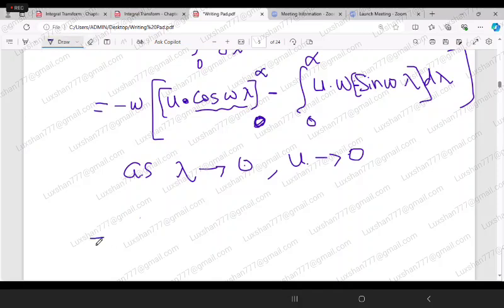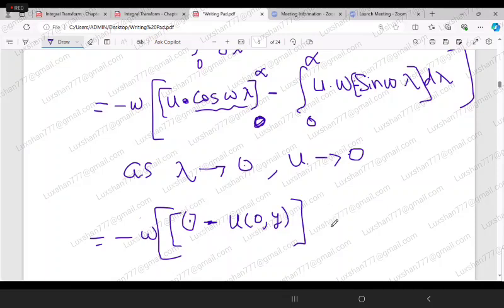So this is equal to minus omega into, as lambda tends to infinity, this is 0, this part is 0, therefore 0, minus, as lambda tends to 0, this one is 1, and this becomes u(0, y), minus, and there is minus here, and I am taking minus omega out.